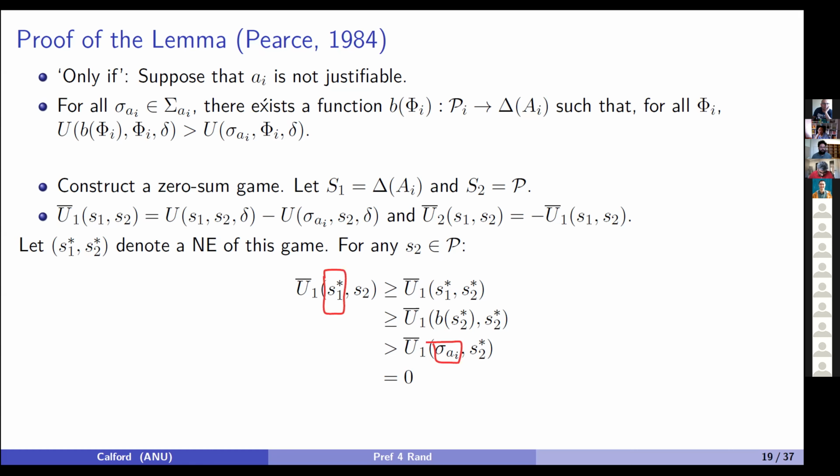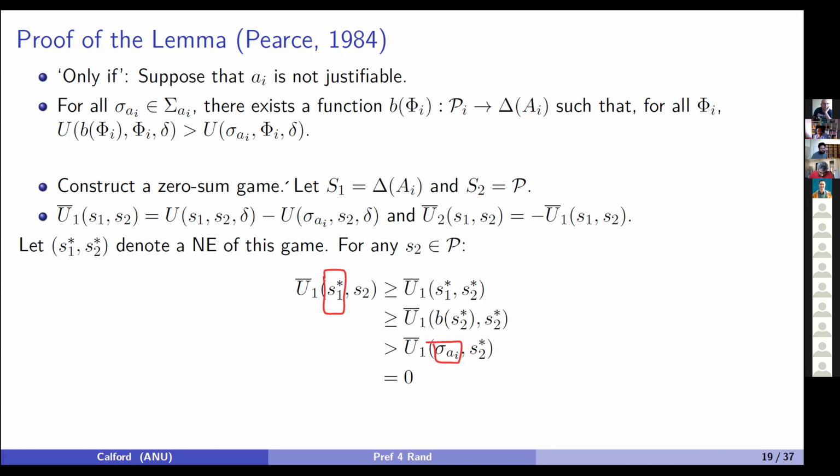So we suppose that AI is not justifiable, and this holds for every mixed strategy that uses AI with a positive probability. Every mixed strategy is dominated. So we've established dominance here, and this dominance goes through for the original utility function. And so if AI is not justifiable, then it is totally dominated.